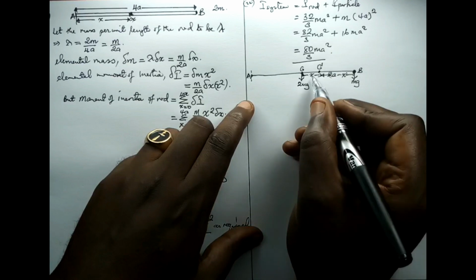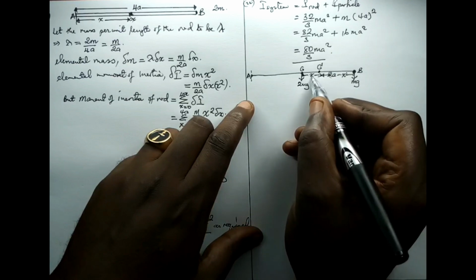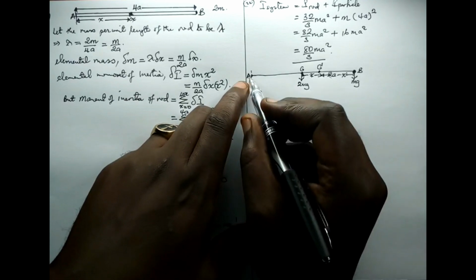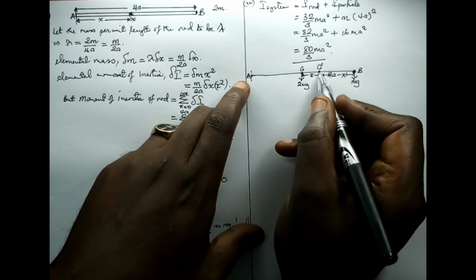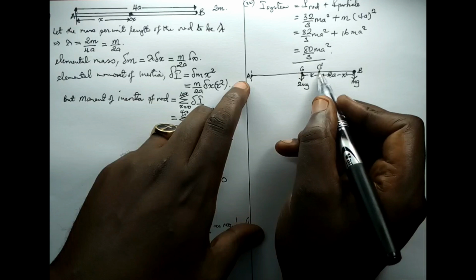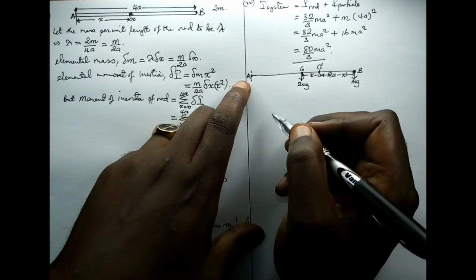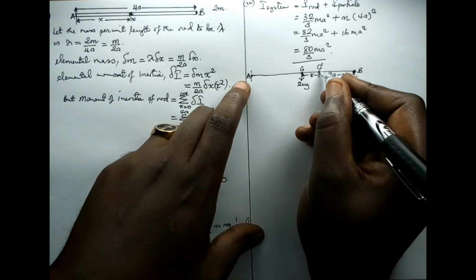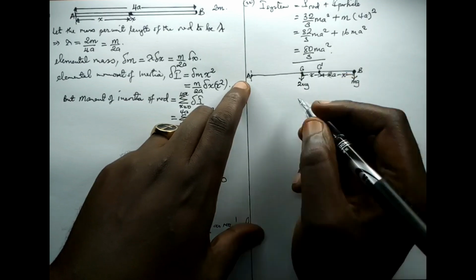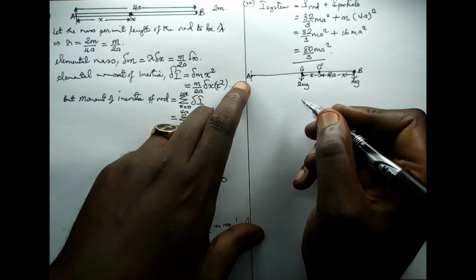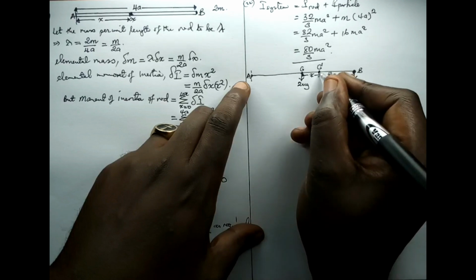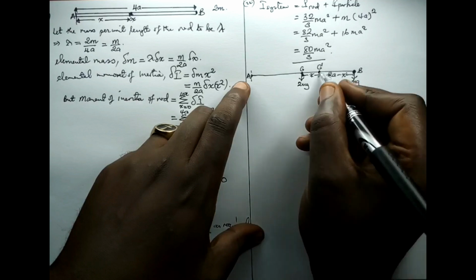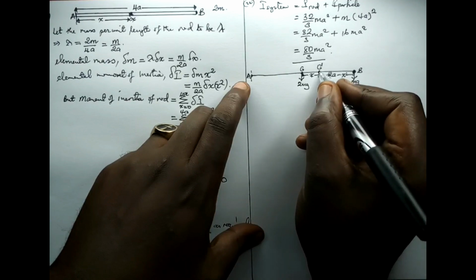My aim is to find x, because when I find x, I will be able to get the distance from A to G prime, which would become my radius of rotation. It is the radius of rotation because once the system begins to rotate, it is like the rotation of a particle of mass 3m. The mass of the system is concentrated there at G prime.